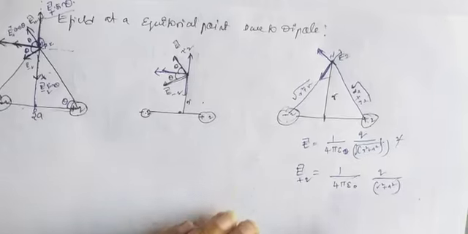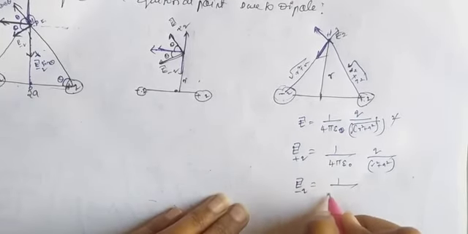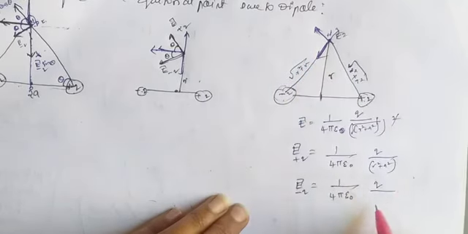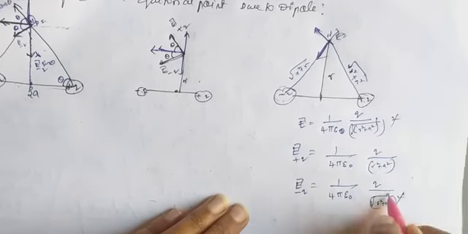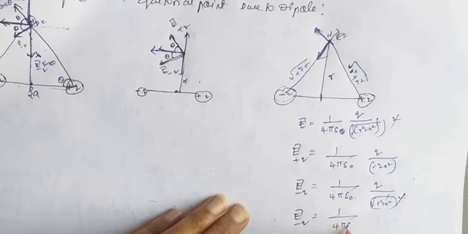Now the electric field due to negative charge is 1 by 4 pi epsilon naught q by the same distance, under root r square plus a square whole square, so the square root cancels. That is 1 by 4 pi epsilon naught q by r square plus a square.